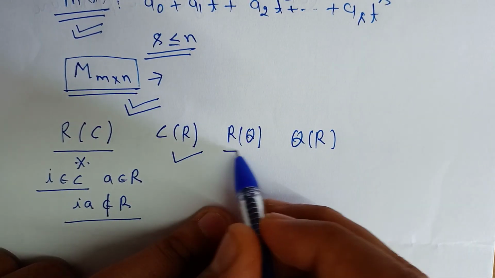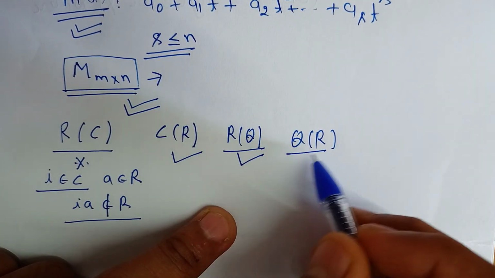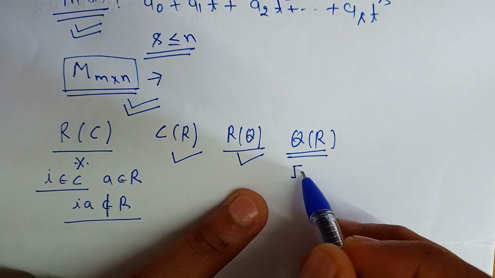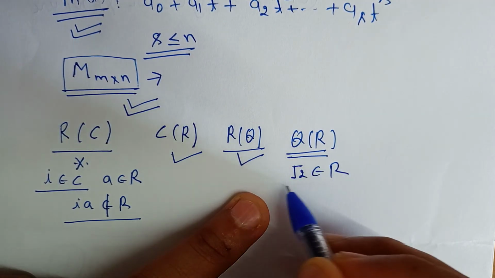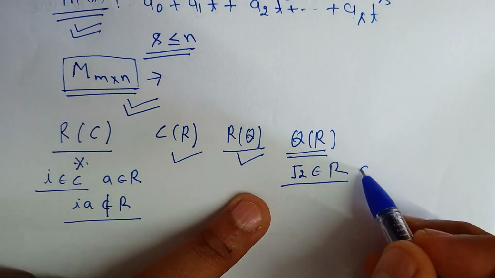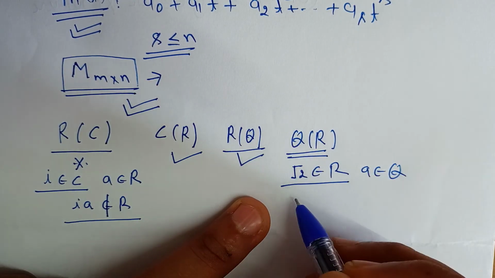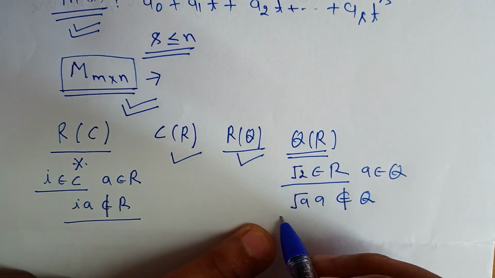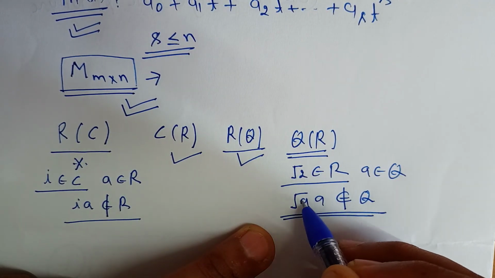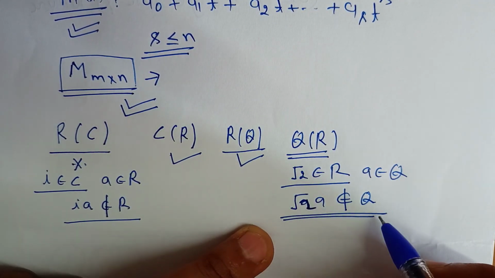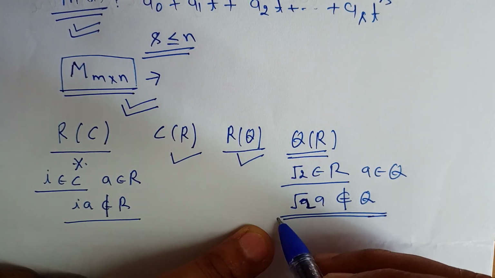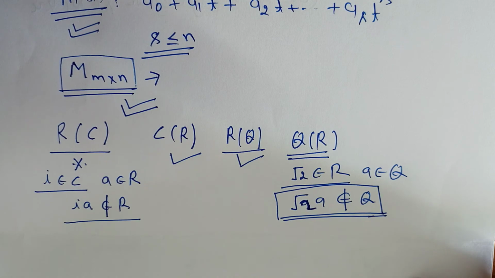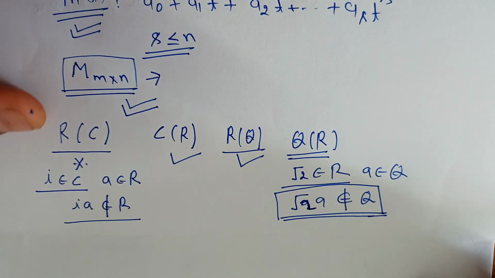R over Q is also a vector space, but Q over R is not a vector space, because if you take a scalar, the irrational number √2 from the field R, and any rational number a belonging to Q, then √2 a does not belong to Q. So the scalar multiplication property does not satisfy, and it is not a vector space.